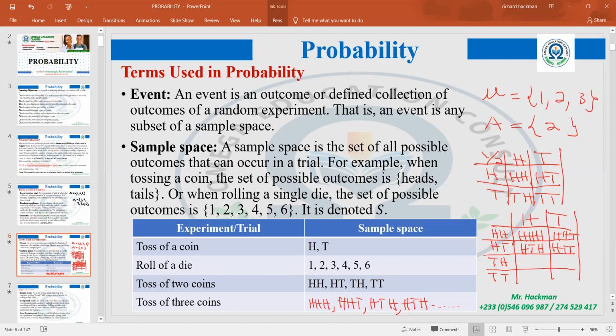The set of possible outcomes when you toss 2 coins, or 3 coins, will always be the same as when you toss a coin 2 times. Let me come again. When you toss 2 coins once, the set of possible outcomes will be the same as when you toss 1 coin twice. Is that clear?